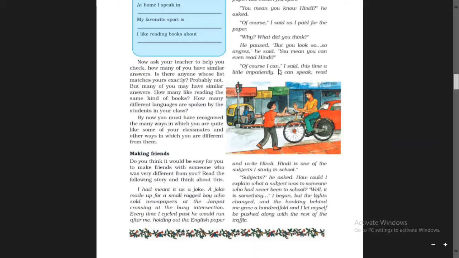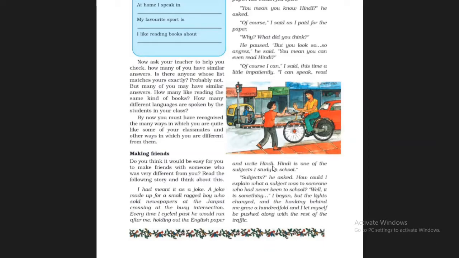"Of course I can," I said this time a little impatiently. Impatiently means restlessly. "I can speak, read, and write Hindi.